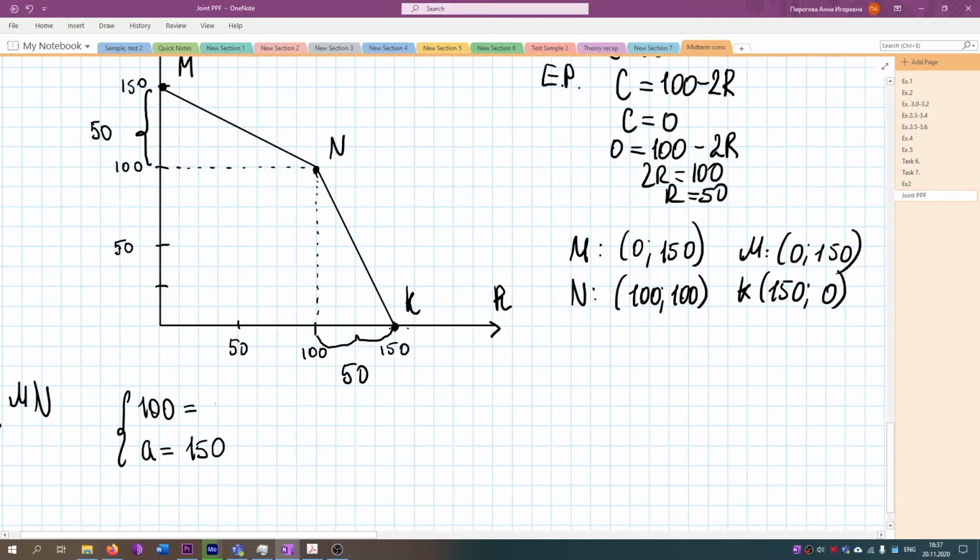So 100 is equal to A minus B multiplied by 100.